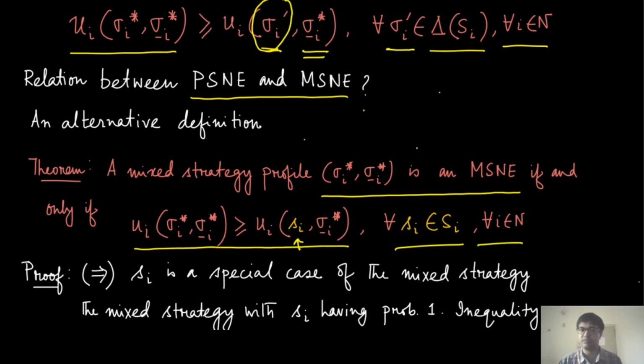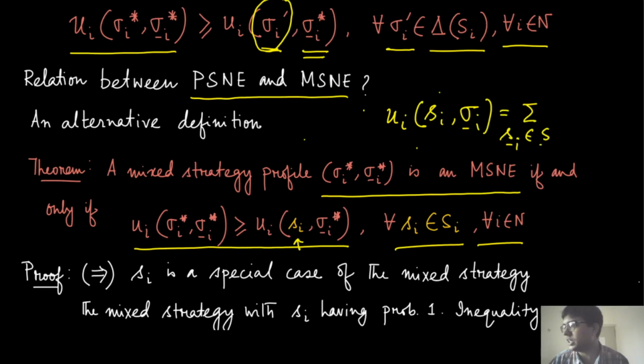So again, we are overloading the notation a little bit. u i of s i, sigma minus i is nothing but the sum over all the s minus i's, living in the set S minus i, of the joint probability sigma minus i of s minus i, times u i of s i, s minus i.